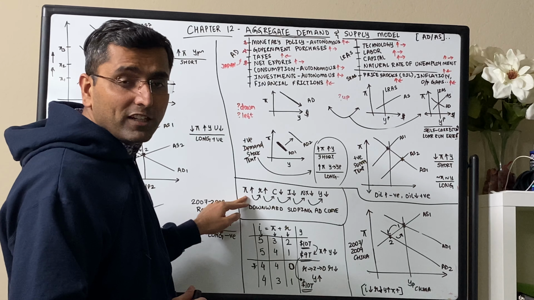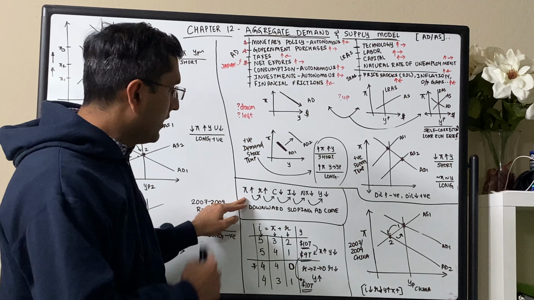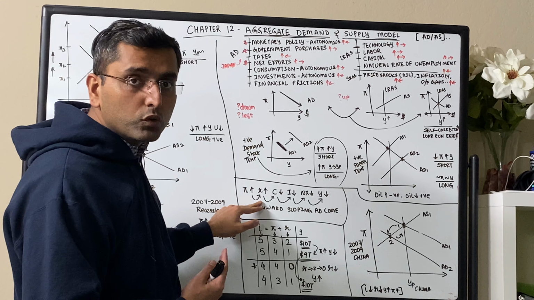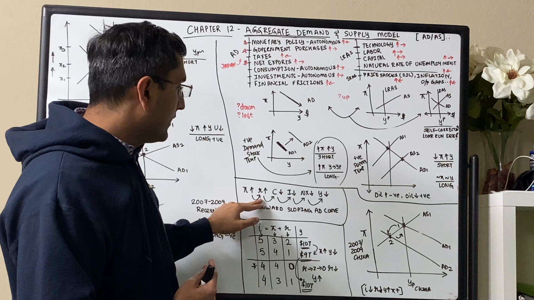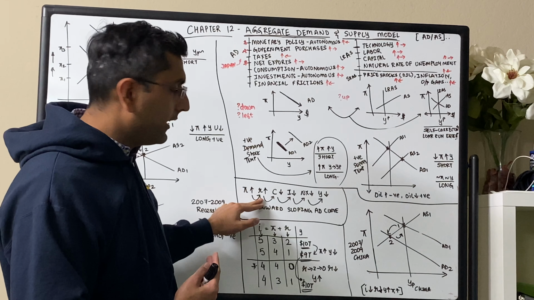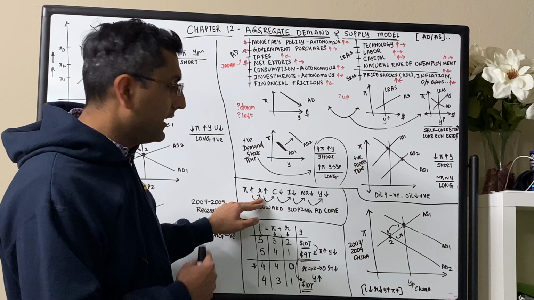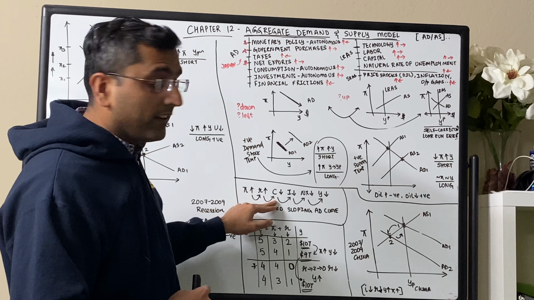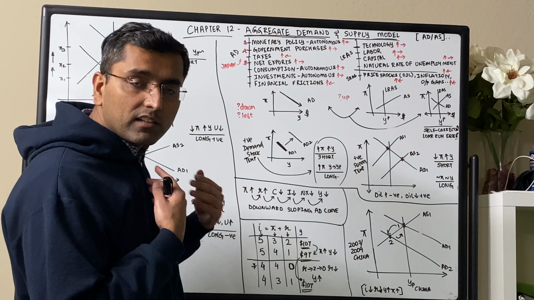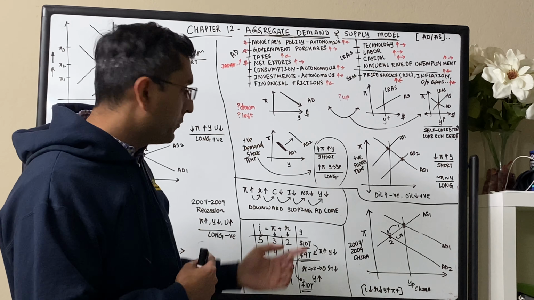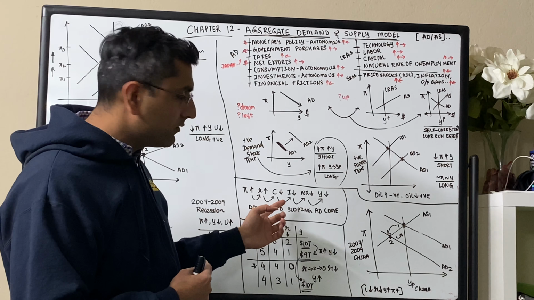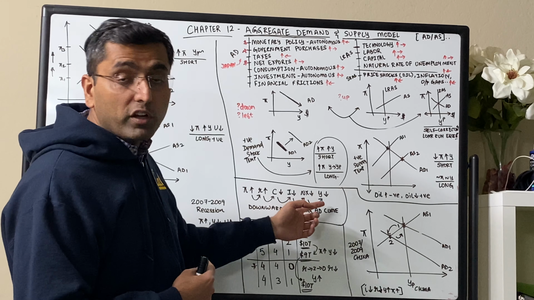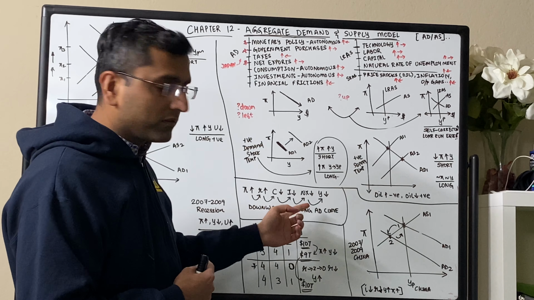So when inflation increases, typically what the central banks do is they raise R, the real rate of interest, the borrowing rate. And when the borrowing rate increases, consumption goes down because it's more expensive to borrow. Consumption goes down, investment goes down, net exports go down, production goes down because the consumption is down.